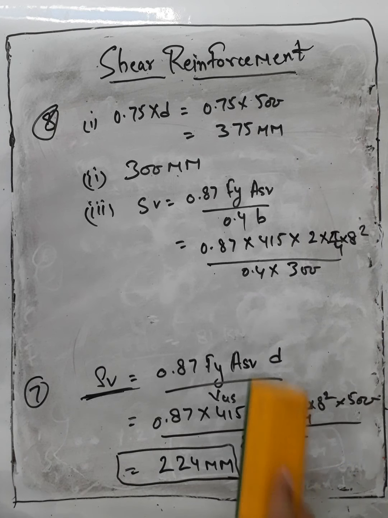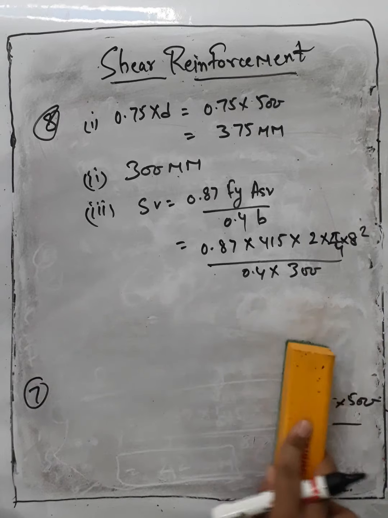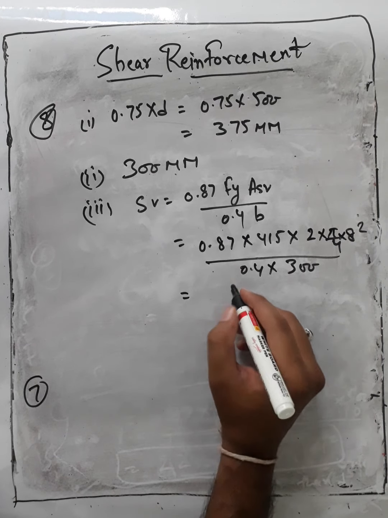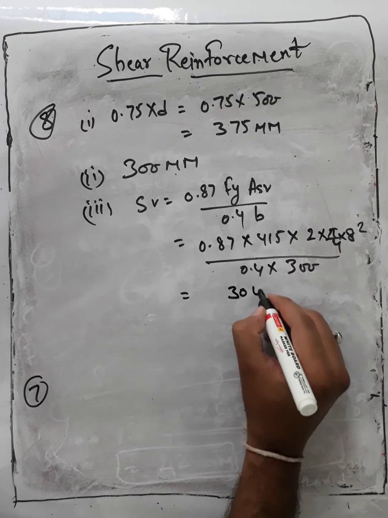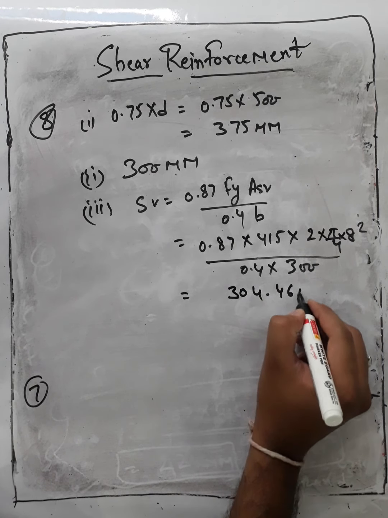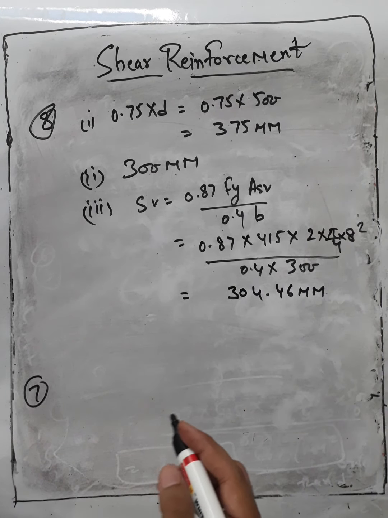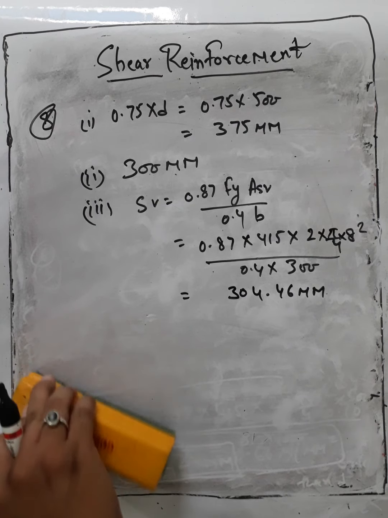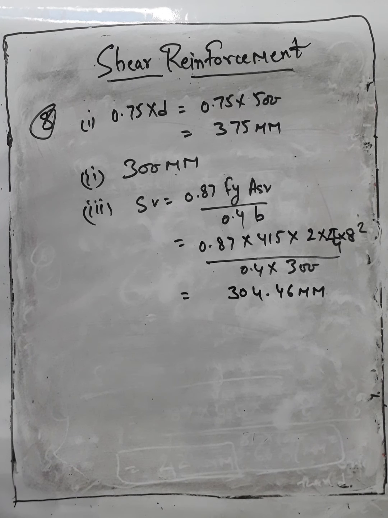After solving this, you get SV is equal to 304.46. Since the spacing we found with the vertical stirrup formula is less than this, it is safe.